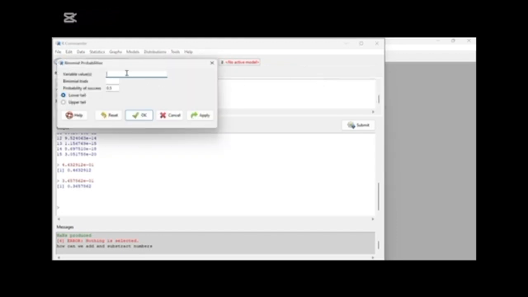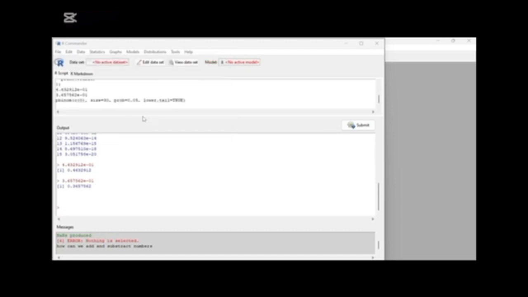The variable value is 0, while the binomial trials, we know that there are 30 bottles, and the probability of success is 0.05. Lower tail, and we have the result, which is 0.2147.